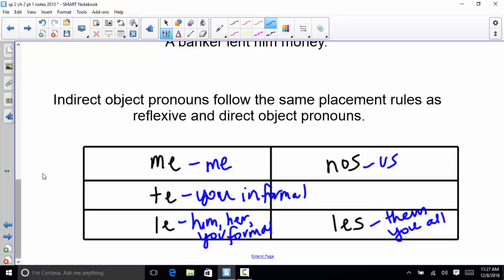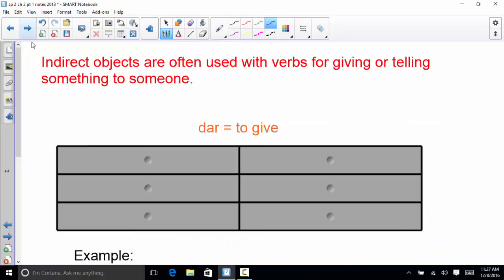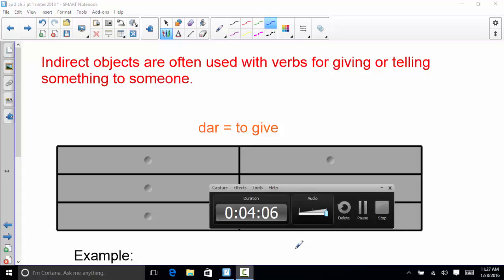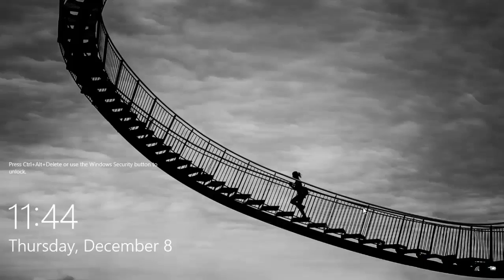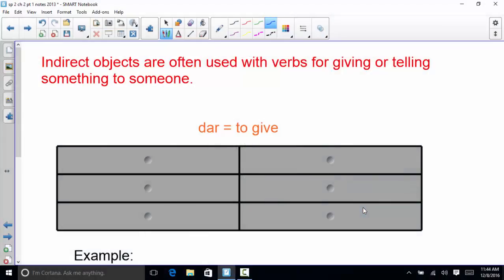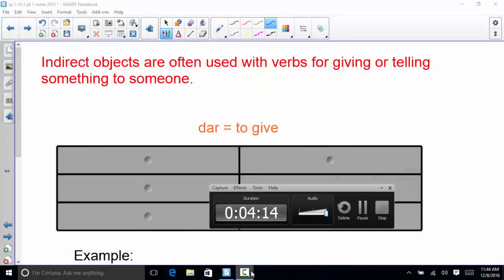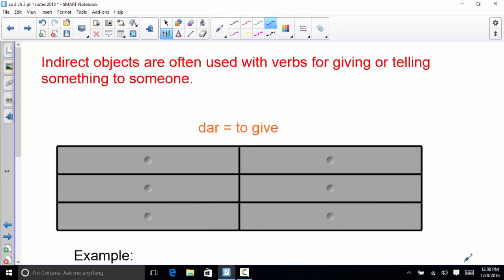Okay, so next we're going to fill in some verbs that are commonly associated with indirect object pronouns. We're going to conjugate them, and I'll also give you some examples of sentences that might use these verbs. So dar is the first verb that we're going to go over.